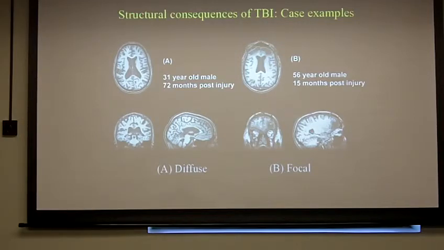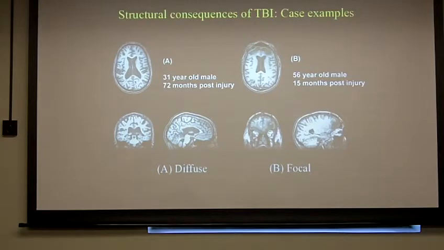And on the right panel, focal lesion. So spatial normalization faces this challenge, and this is the issue we have to deal with.